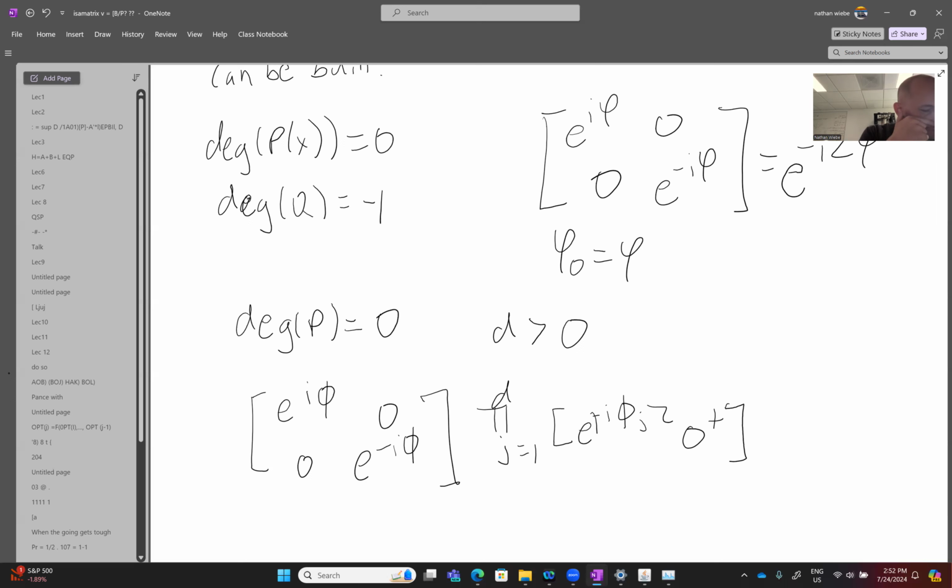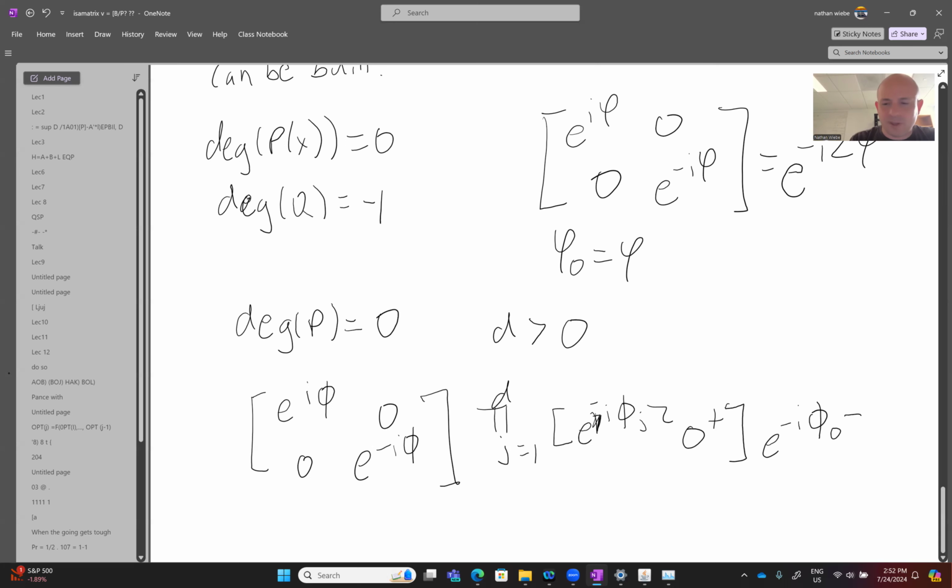And if we consider the inverse, yeah, sorry, I did mean an inverse over here, times e to the minus i phi 0 z. This is just the inverse of the QSP sequence.